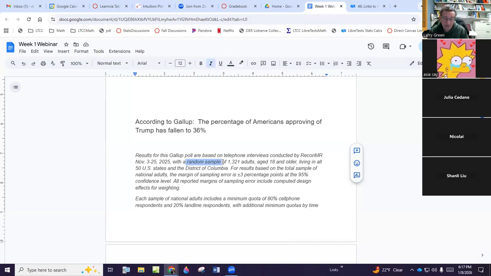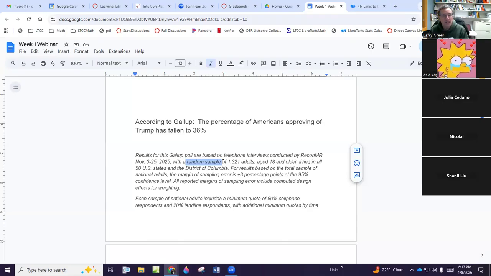But if someone calls me and it's a number I don't recognize, I don't even answer it. So I'm one of those no's. I don't answer the survey because I don't even answer the phone if it's a number I don't know, because I think it's some spam. So there's bias. It's not truly random because there are people who won't answer. Does that make sense?